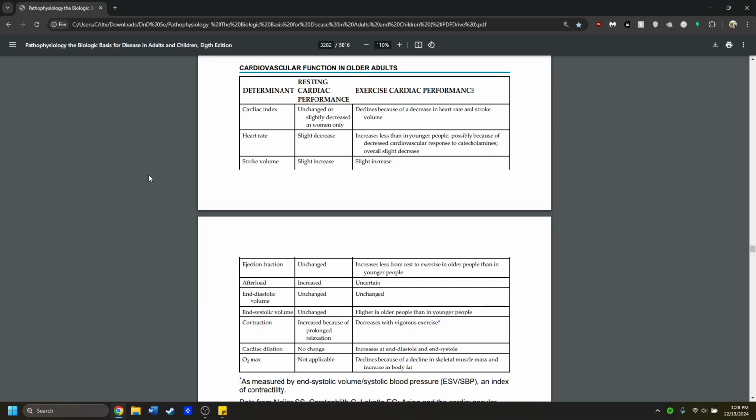Your contraction at rest is increased because of the prolonged relaxation, whereas with exercise it is decreased with vigorous exercise. Your cardiac dilation has no change at rest, but has an increase with exercise at end diastole and end systole. Your VO2 max is unchanged or not applicable at rest, but it declines because of a decline in skeletal muscle mass and an increase in body fat.